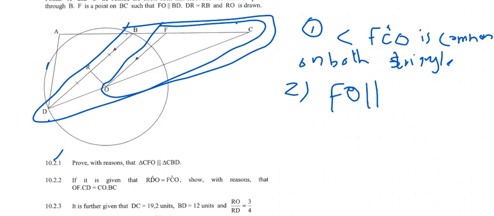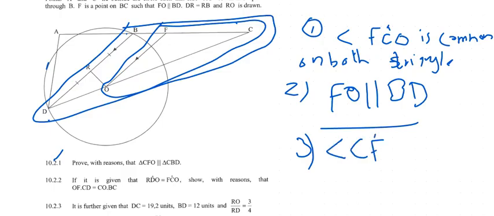So the third point is that angle CFO is equal to angle CBD, corresponding angles, FO parallel to BD. Similarly, we say that angle FOC is equal to angle BDC.